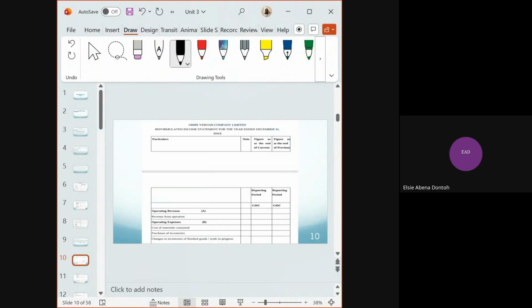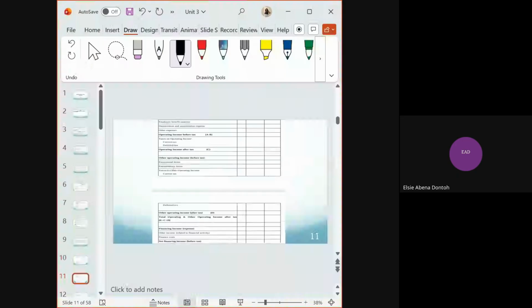And then B is operating expenses, which is made up of cost of materials consumed, purchases of inventory, changes in inventory of finished goods, work in progress, employee benefit expense, depreciation and amortization expense, and other expenses.